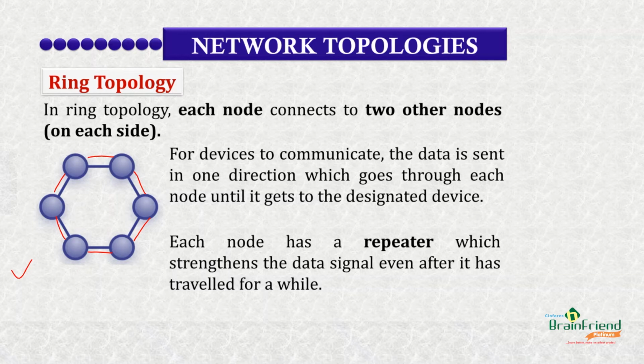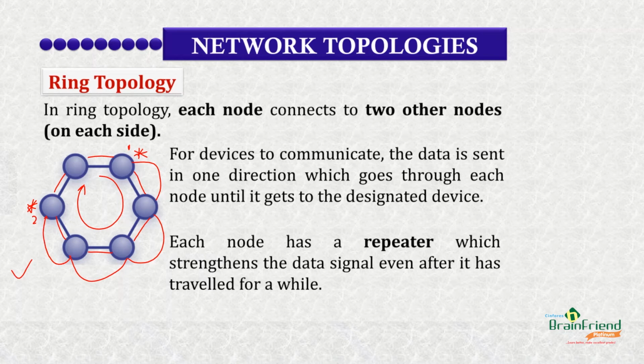For instance, if this device wants to communicate with this device, and we are assuming that data moves in the clockwise direction, then this is the sending device and this is the receiving device. Data is sent from this device to this one, and this passes it on to the next node and passes to the next node until it gets to the designated device.